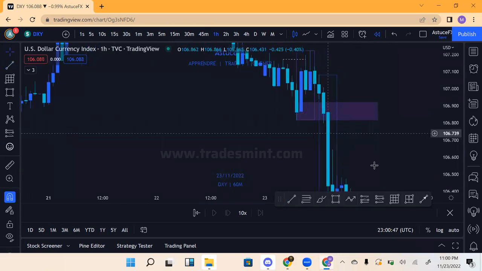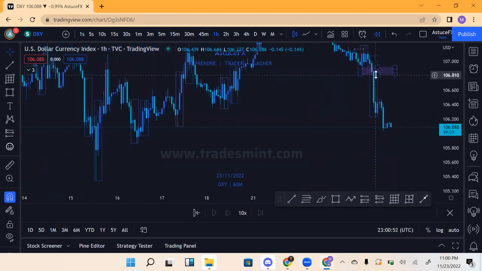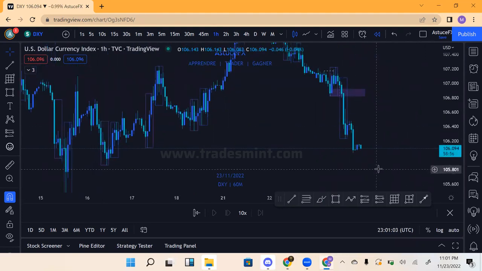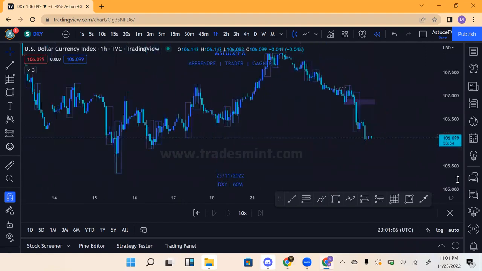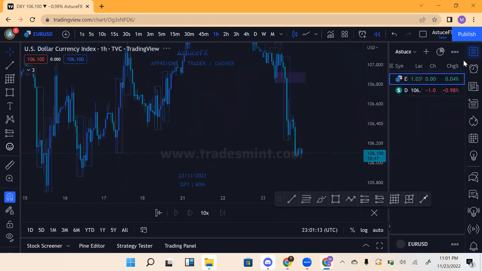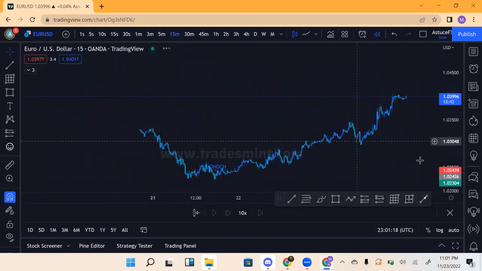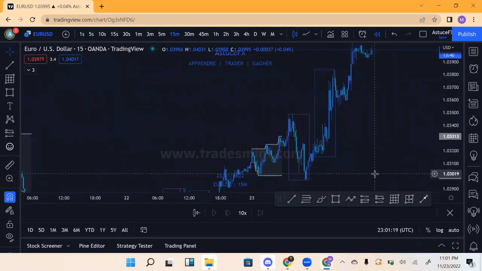Once price breaks this one, when I see price giving me this momentum, I know there's no OB that can actually hold this DXY. If I know DXY is dropping like this one, I know EU will only have to buy. Like EU will just give you buy setups. I always use DXY in this one. If I know DXY momentum is too bearish, I never look for a sell setup on EU. I only look for buys because I know the momentum is too much.